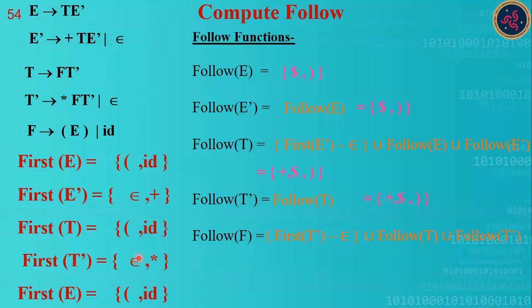So here we can remove this epsilon and take only the star. So star union. What is follow of T? That is plus, dollar symbol and closing bracket. So here we have star, plus, dollar symbol, closing bracket. Again, follow of T prime is also the same values. Then we will have plus, star, dollar symbol and the closing bracket.